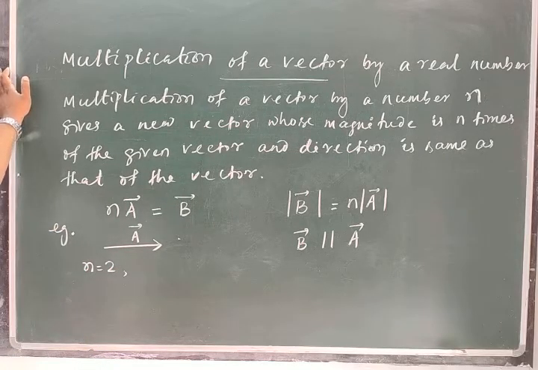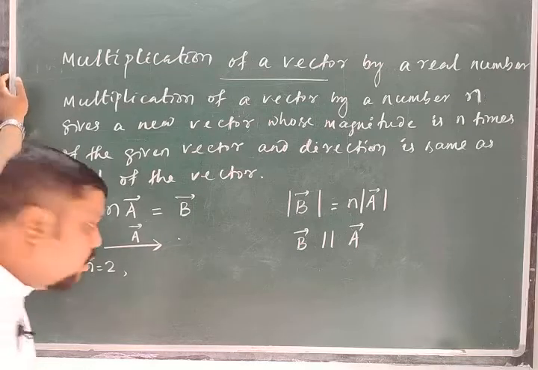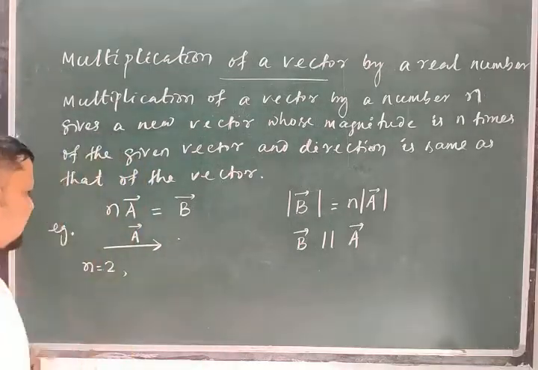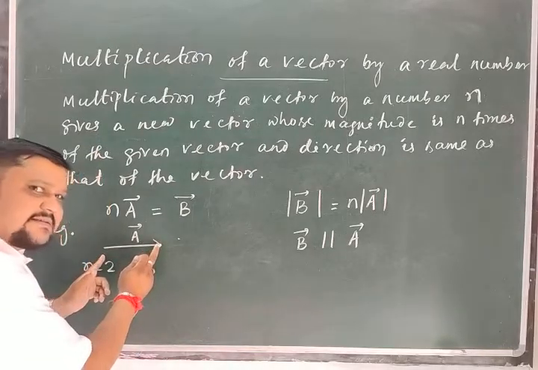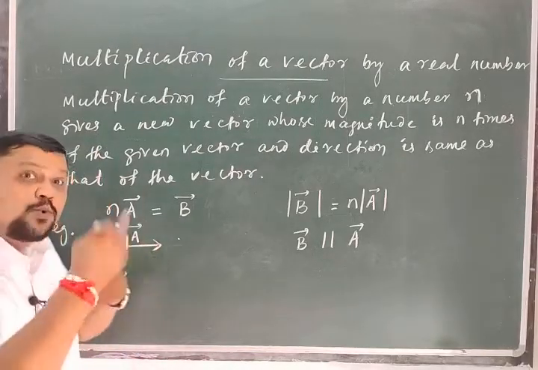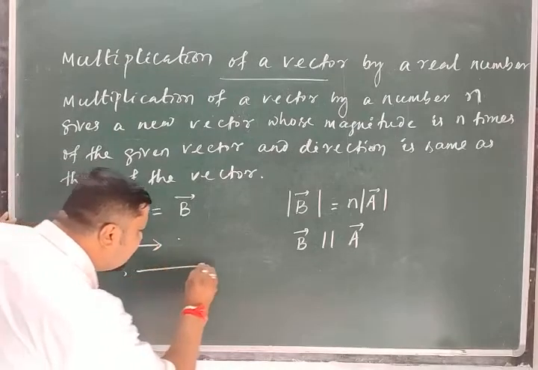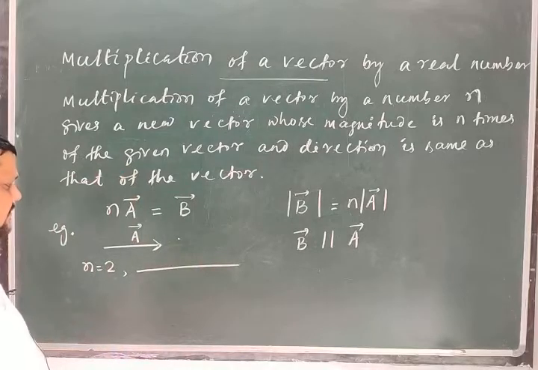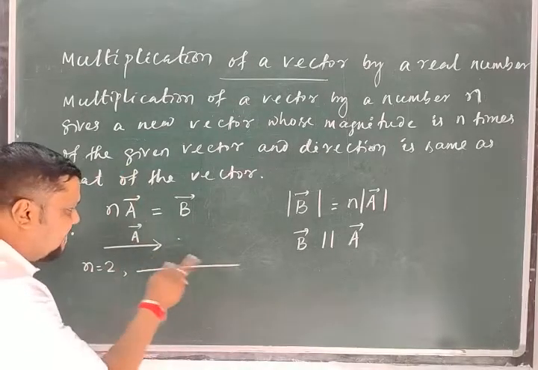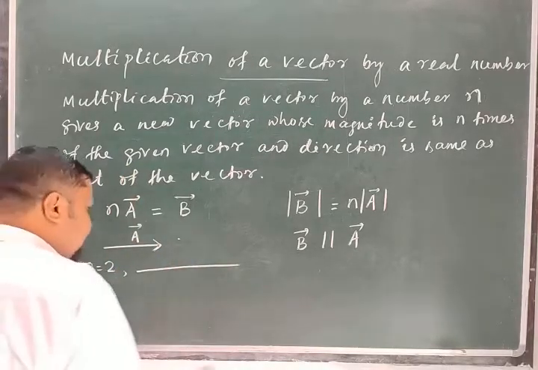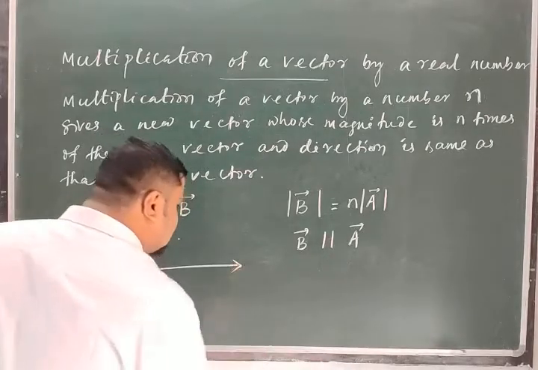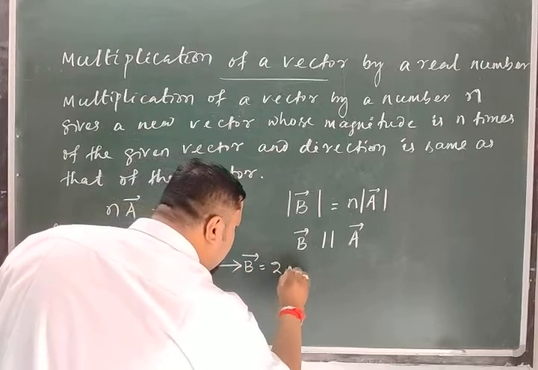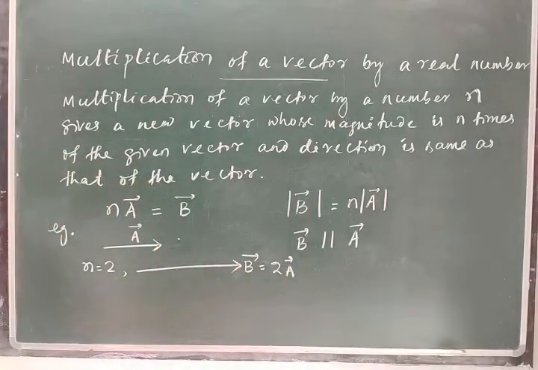We will get a new vector whose magnitude is 2 times the magnitude of A. The magnitude of A is represented by the length of this arrow, so this length becomes 2 times. This is the magnitude of the new vector. The direction is the same, along this direction from left to right, so the arrowhead is like this. So this is the vector B, which is equal to 2A.